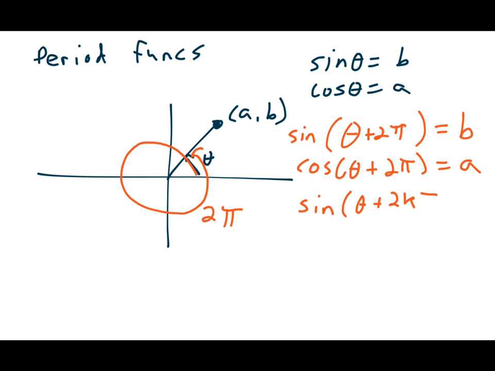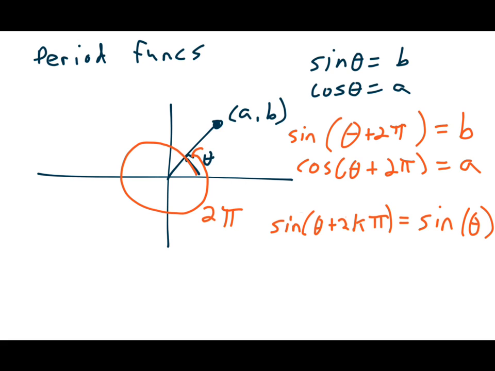Every value of k that we run this terminal side around the circle, it's going to end up in the same position. Let me write this where you can see it: sine of theta plus 2k pi is equal to sine of theta, whatever that theta is, always.